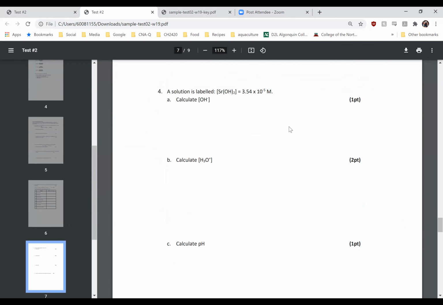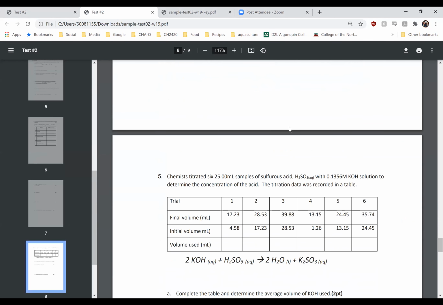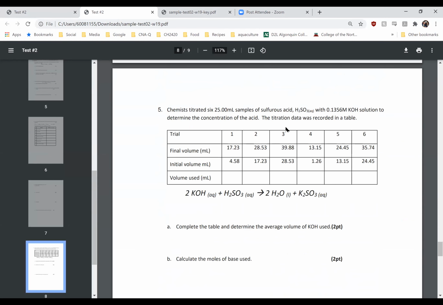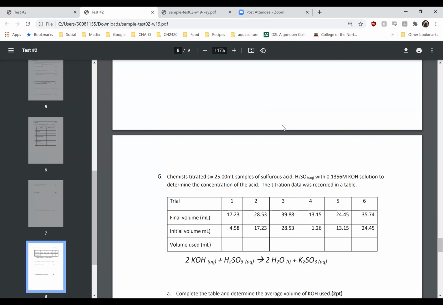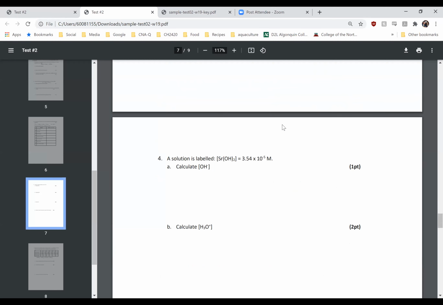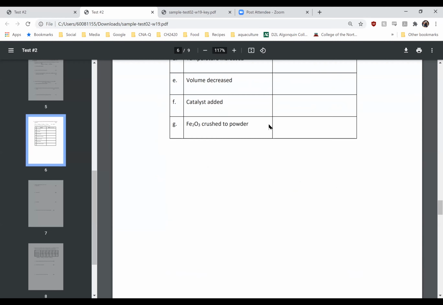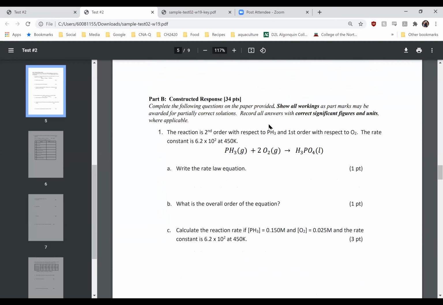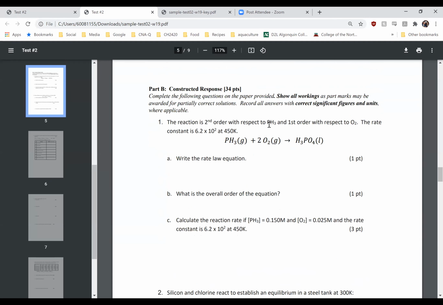And I'll leave some of the acid ones for you guys to practice with. Definitely know your titration. So question number 5, again, I'm going to send the answers out to these, and definitely know number 4. Let me just quickly do 1, 2, and 3 along with you, but make sure you know 4 and 5, especially number 5. Okay, but let's do 1, 2, and 3 together.